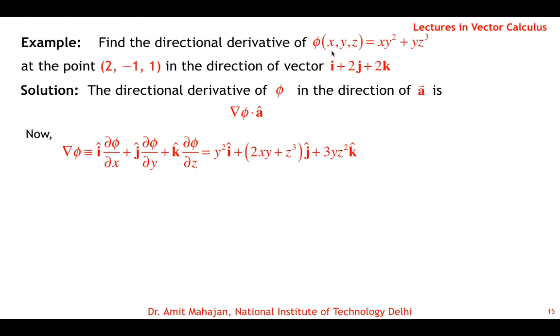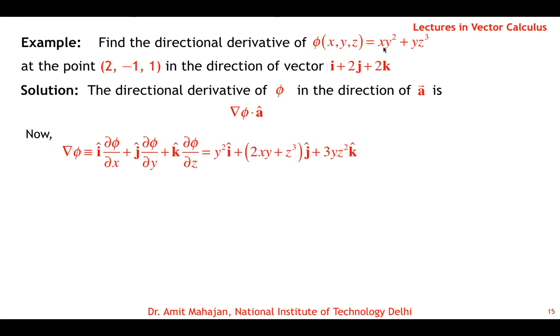Gradient of phi. So phi is this, and by definition gradient of phi is I cap phi derivative x plus j cap phi derivative y plus k cap phi derivative z. We take the partial derivative with respect to x, so y and z are treated as constants here. If we differentiate this with x, it is y square, and the other derivative is 0 here. So what we get is y square times I cap.